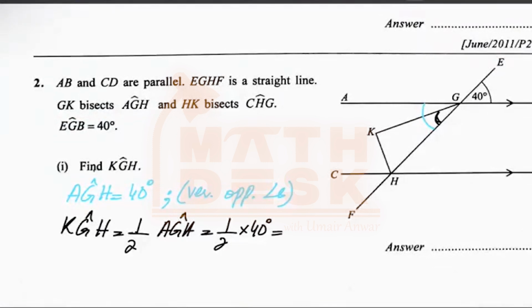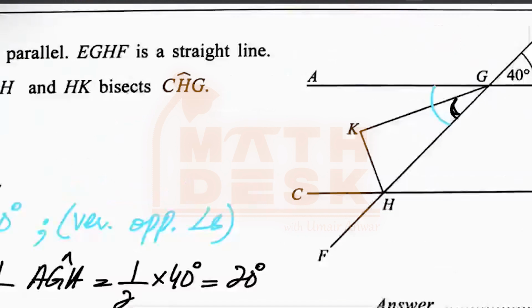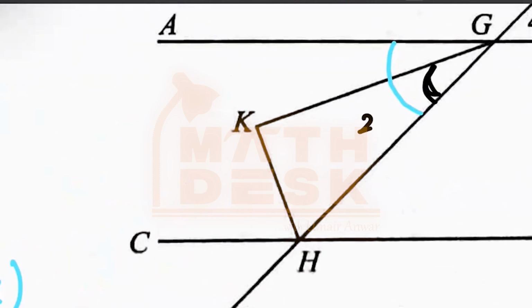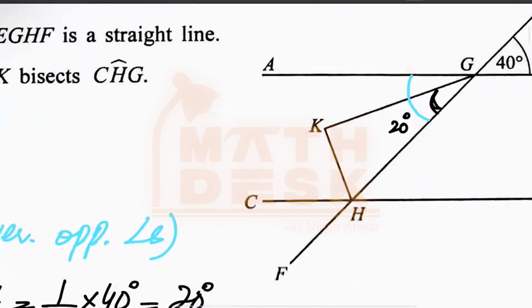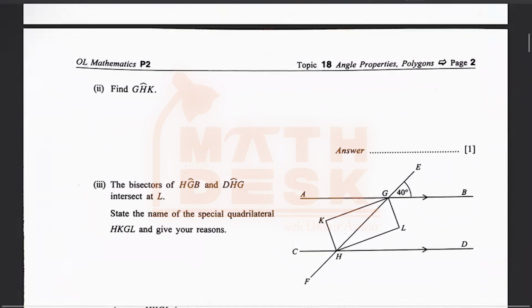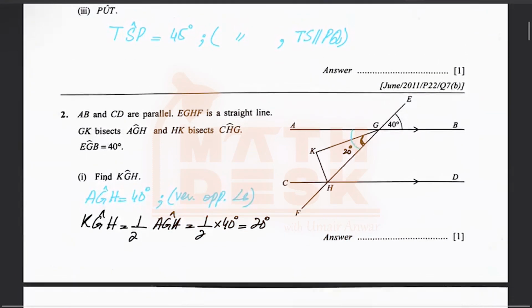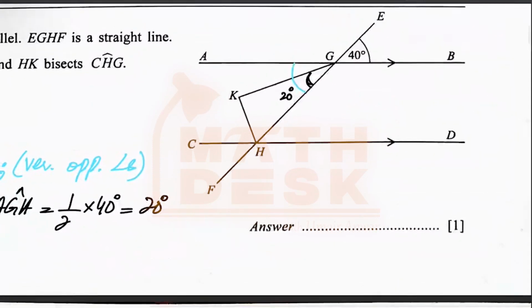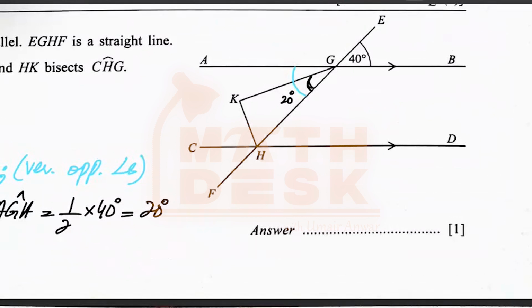In the next part, it says to find GHK. We need to find out GHK. Sorry, this angle is not GHK. This is the one. GHK.